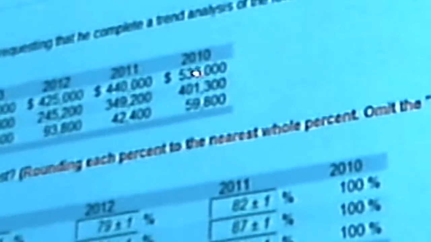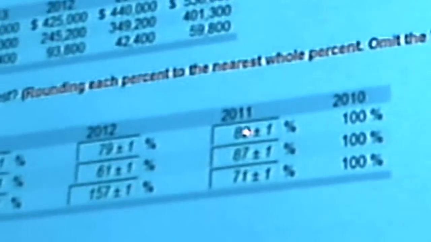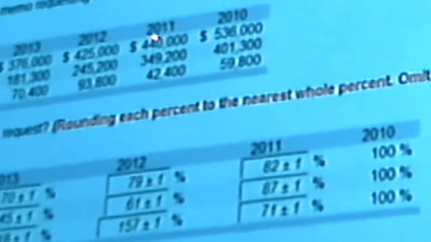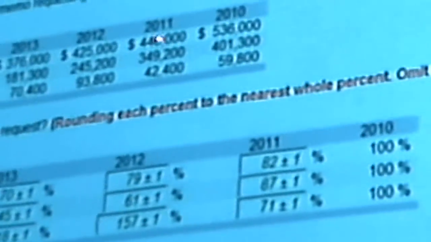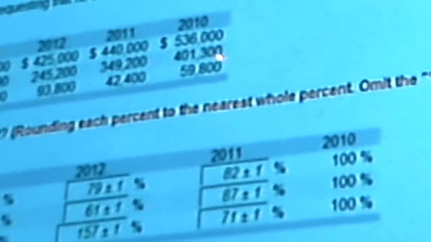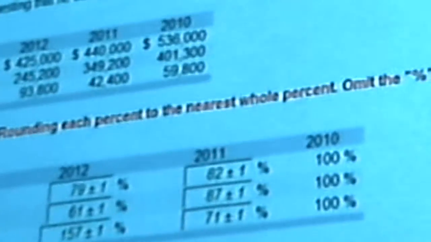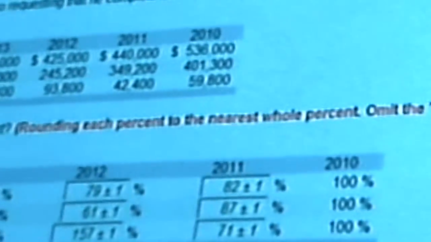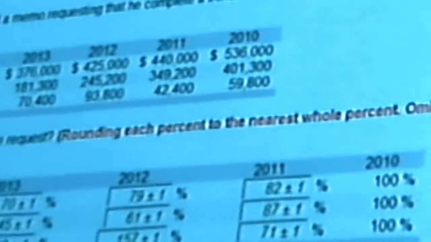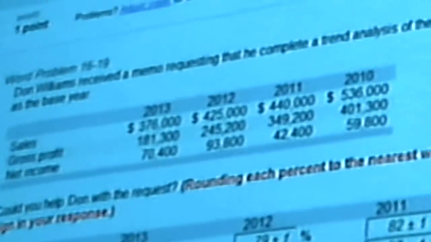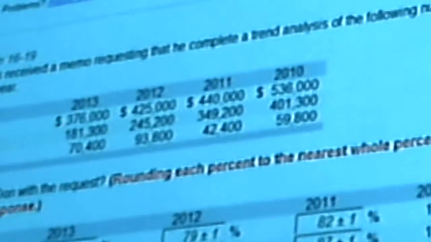It is the earliest year. So to get the answer for 2011 in sales, it is sales 2011 divided by 536. And you get 82%, or 0.82 something. And then you just do the next one. Then you've done it.